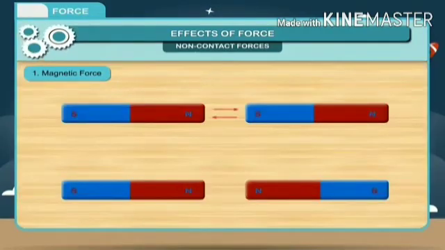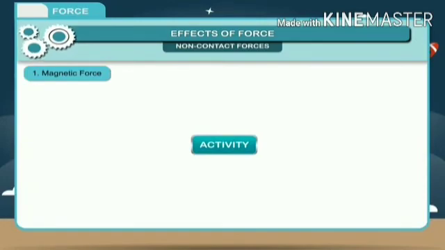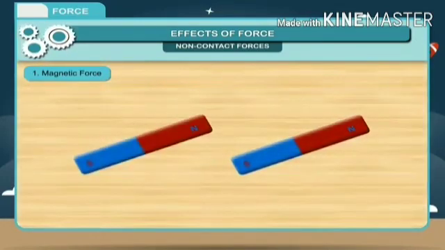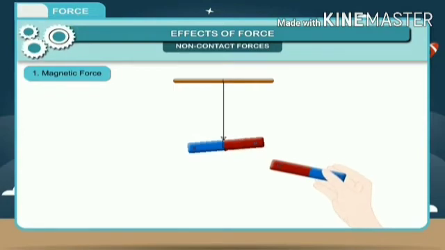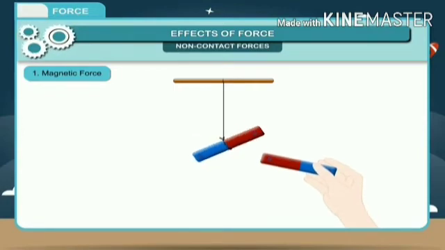Whether a magnet attracts or repels another magnet will be clear from the following activity. Activity. Take 2 bar magnets. Suspend one magnet with the help of a thread. It will come to rest in the north-south direction. Hold the other magnet in your hand and bring its north pole near the north pole of the hanging magnet.